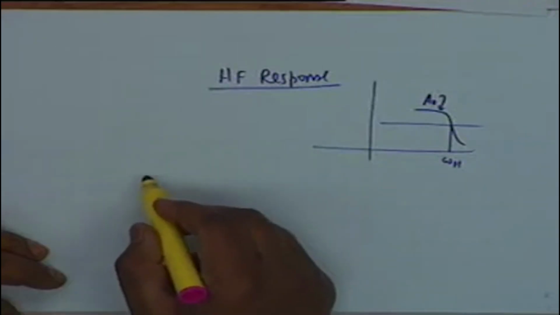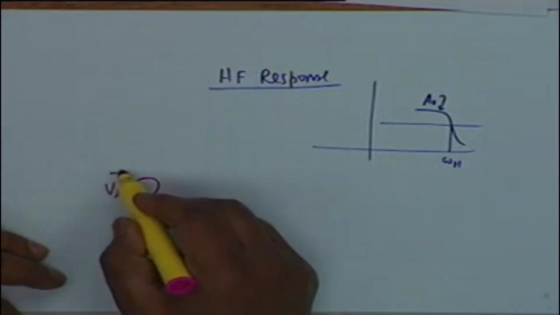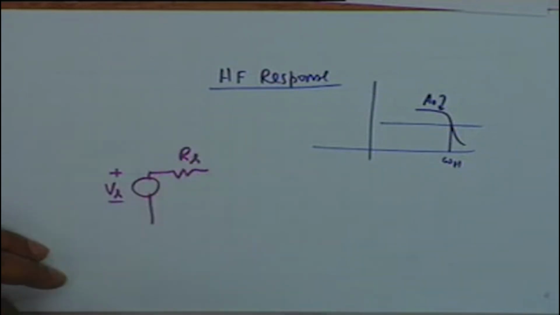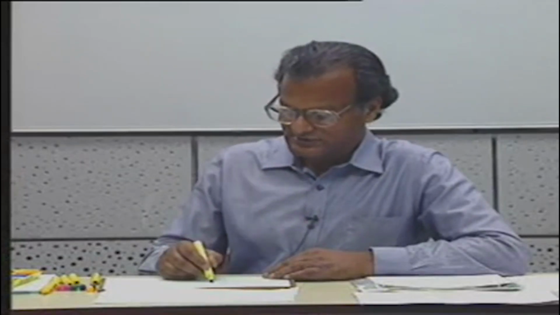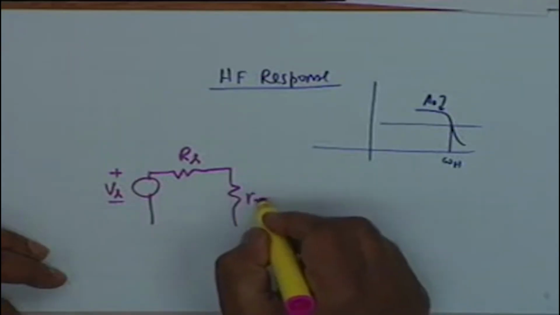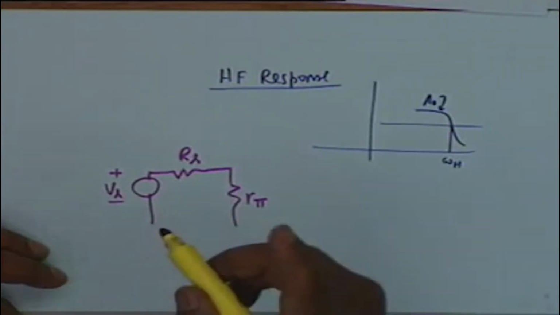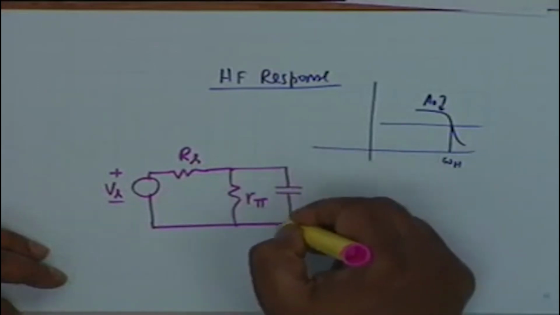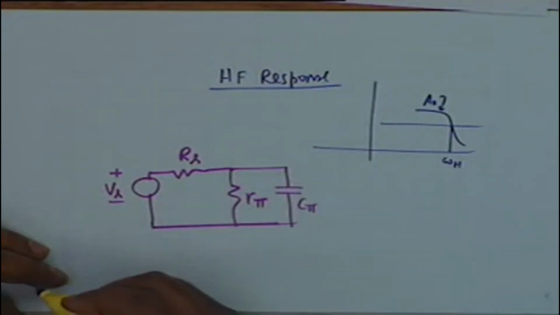The equivalent circuit, if you draw, it would be Vs, the series resistance Rs inevitably present. We ignore Rb as we have done earlier, so we shall have R pi. Now Ce is short and therefore this will be grounded, R pi, and in addition we must have the capacitor C pi.